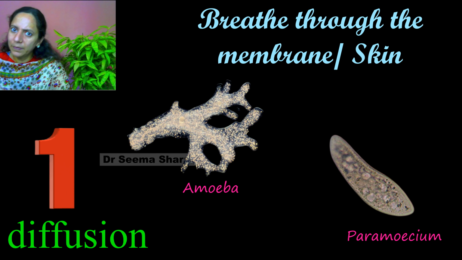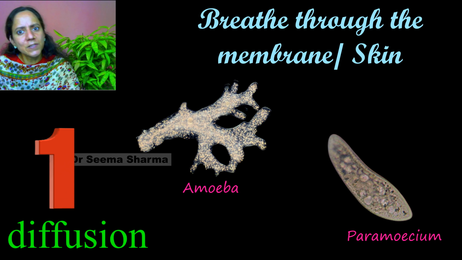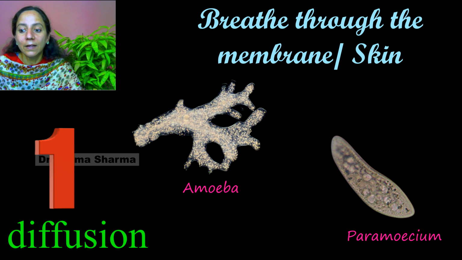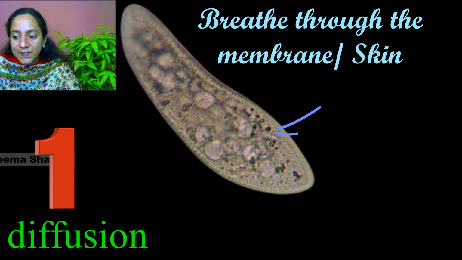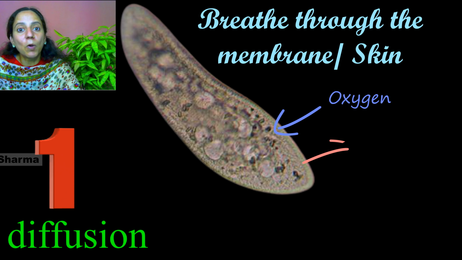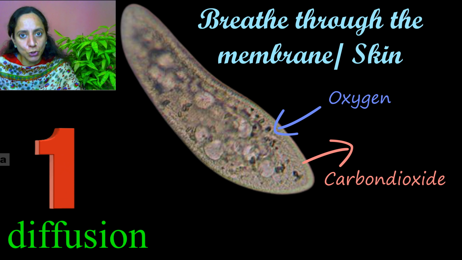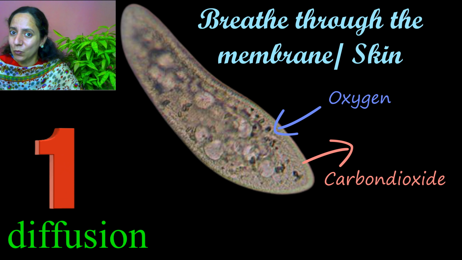Amoeba and paramecium are aquatic animals made up of only one cell, and here exchange of the gases is through their cell membrane with the help of one process which is called diffusion. So this was about exchange of carbon dioxide and oxygen through cell membrane.